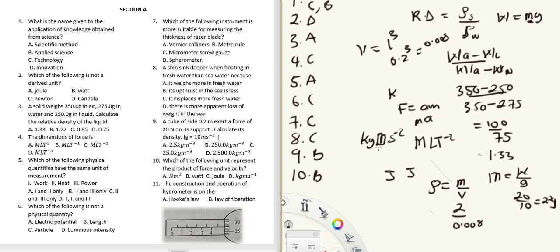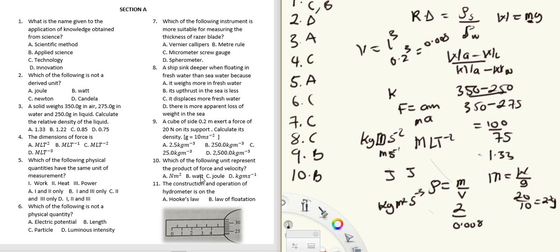So this is the unit for force, and then they are saying the product with velocity, which is meter per second. So when we multiply this, we'll obtain kilogram meter square per second cube. This will be the answer here, and if you look at the unit for watt, it is the same as this.